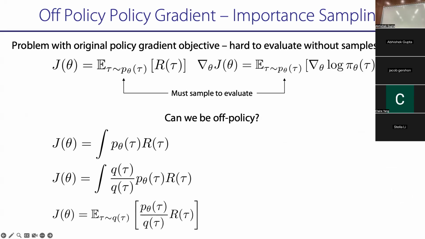We're going to now regroup these terms together and say this is going to be an expectation with respect to Q of P theta tau by Q tau times R tau, right? So we're just going to say it's an expectation under a different distribution Q, but just reweighted by P theta tau by Q tau. Yeah. So this kind of gets us to be off policy as long as we know how to evaluate this thing.